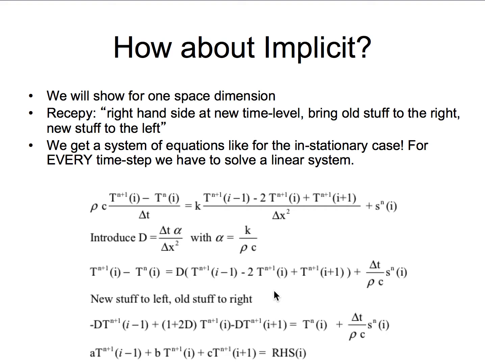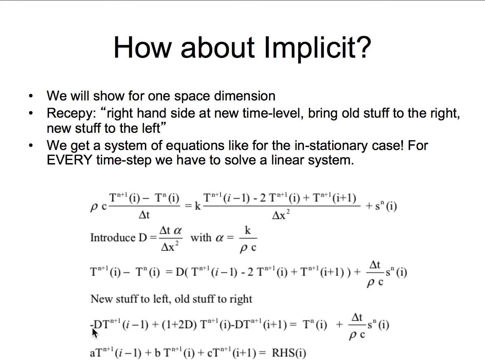This last expression should remind you of the equation that we got for the stationary heat transfer. We can write down this equation for all points i, which means we have a system of linear equations. And since each equation contains the point i and its neighbors, it's a system of coupled linear equations, which means that we can solve it in very much the same way as we did for the stationary problem.